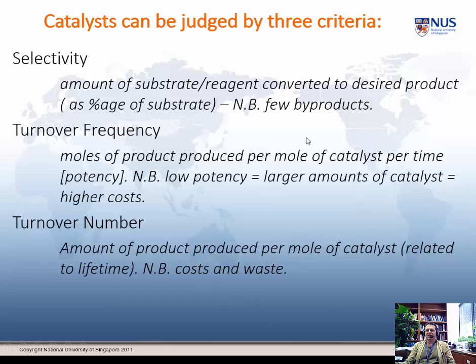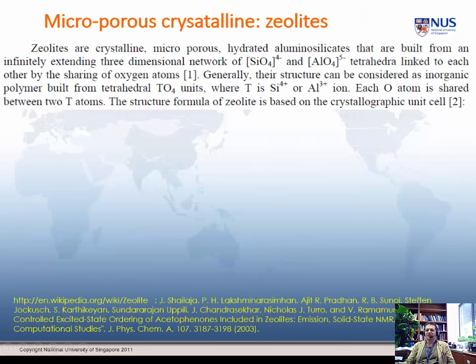This has so far been fairly general, so what we're now going to do is move on to the first major class of catalysts, which are called zeolites. Okay, I'll just let you read that for a moment.